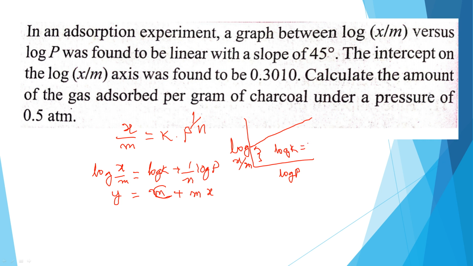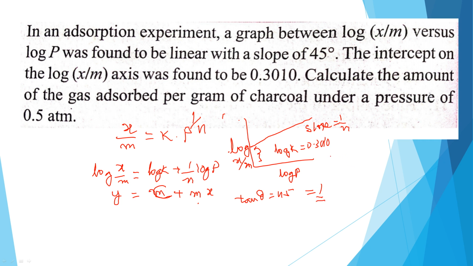That is equal to 0.3010, given in the problem. Slope is equal to 1 by n, that is given. He has given that the angle is 45 degrees, so the slope is tan 45 degrees, which is equal to 1.